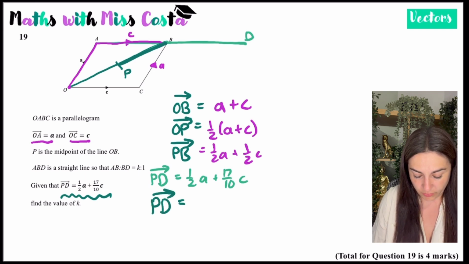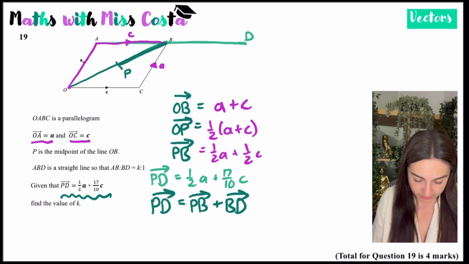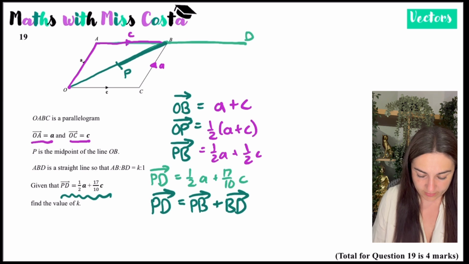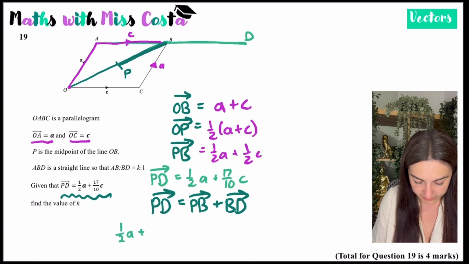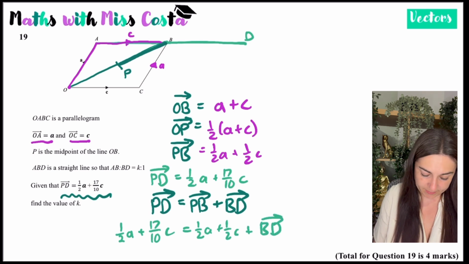I go along the route PB plus BD, which I do not know. So I do know what PB is. So that half A plus 17/10 C is equal to PB, which I said is a half A plus a half C, plus BD. So let's think about that.